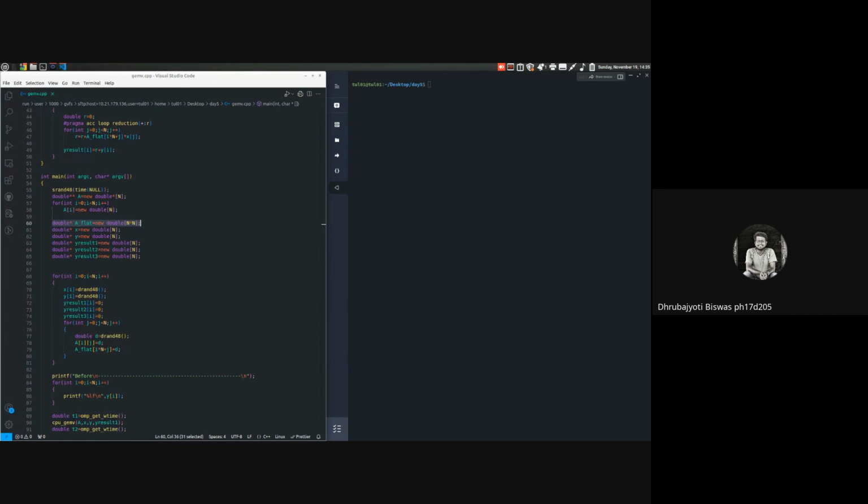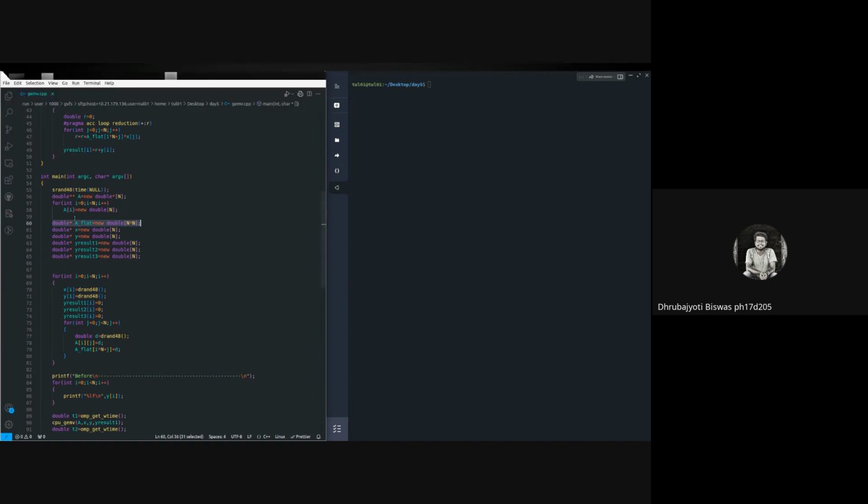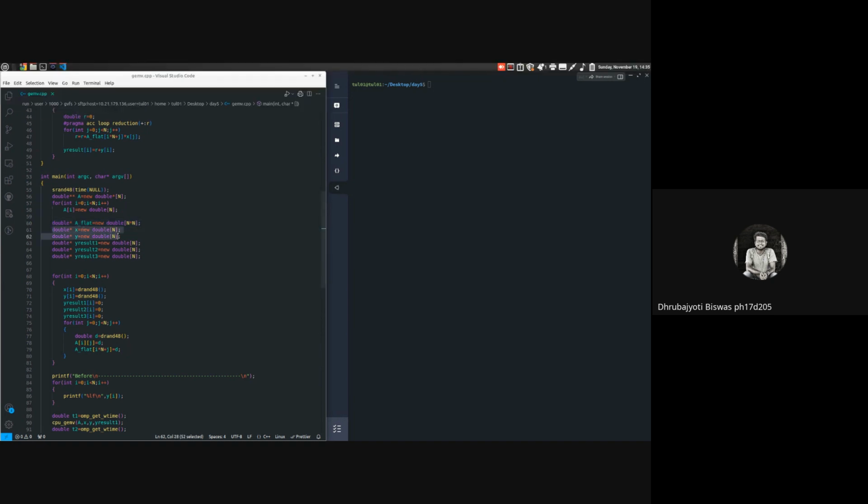By a flat matrix, I mean it will be stored in your computer's memory in contiguous memory positions. Generally a matrix will be stored such that all the elements are side by side in contiguous memory locations. And then I have declared X and Y, the two vectors, and I have the three results.